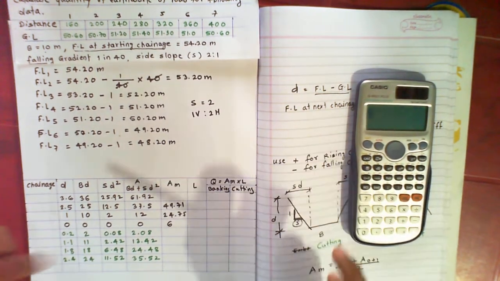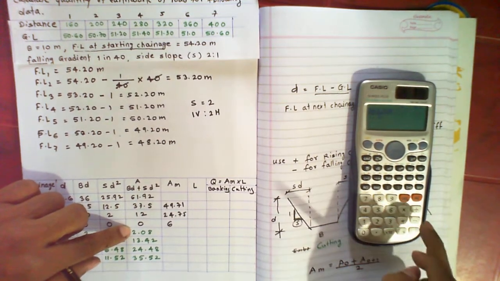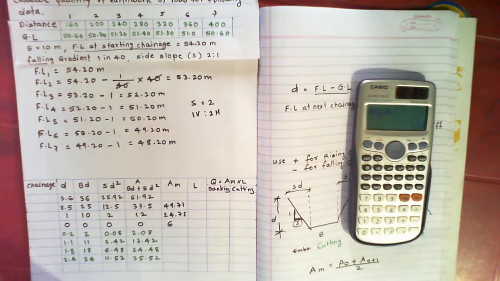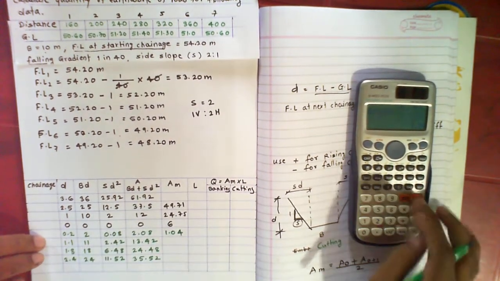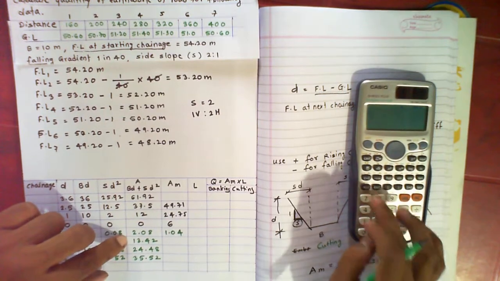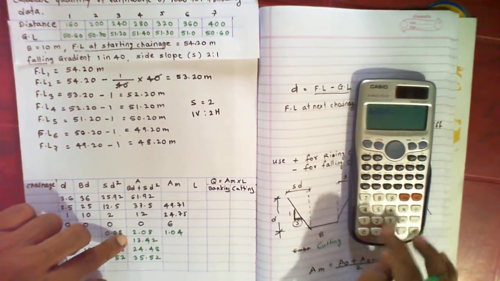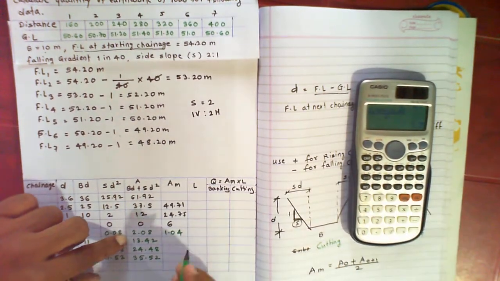Again 0 plus 2.08 divided by 2, that is 1.04. Next 2.08 plus 13.42 divided by 2, it is 7.75.